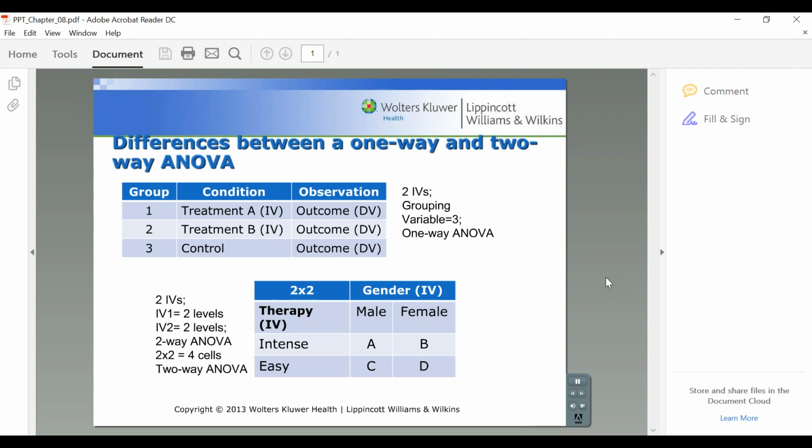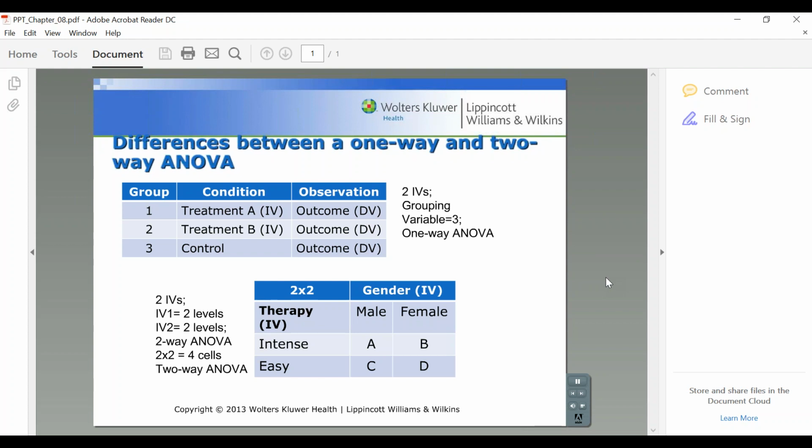We have two independent variables, just like the other design, but in this case, our independent variables are each broken up into two levels. So our first IV, gender, two levels, male and female. Second IV, two levels, intense and easy. And that would necessitate now the use of a two-way Anova, otherwise known as a 2x2 factorial design.